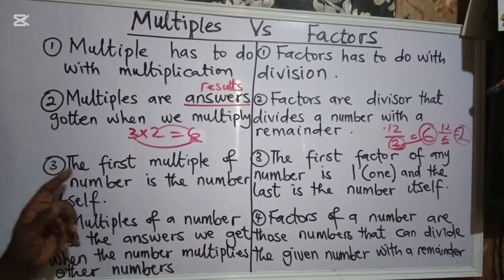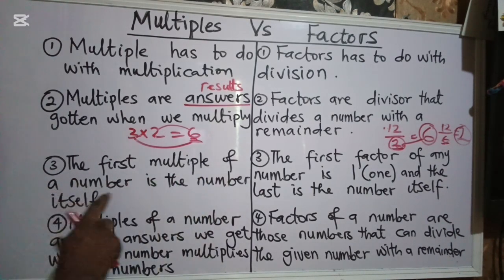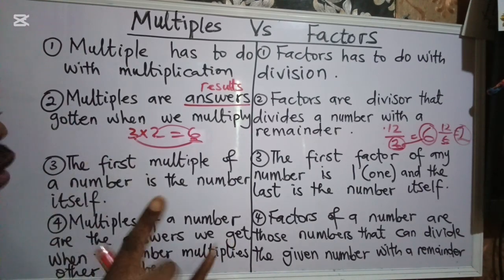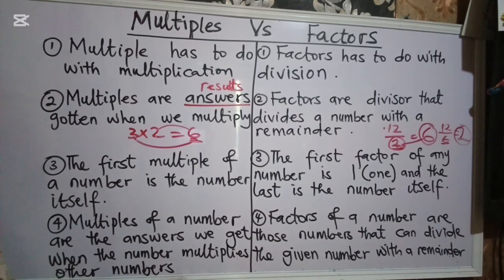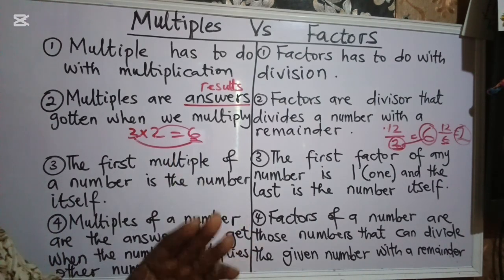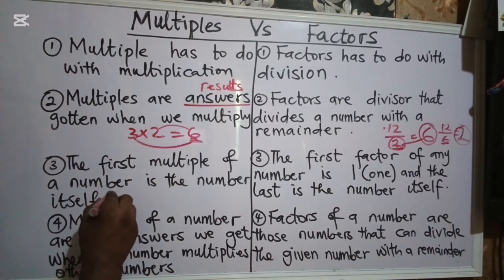Now, the next one here in multiples: the first multiple of any number that you are given is the number itself. If I say, what are the multiples of 7?